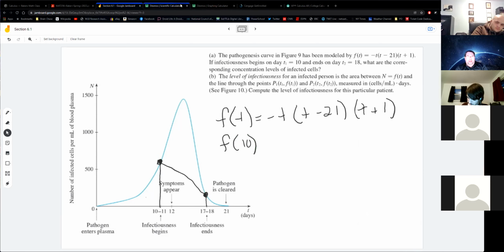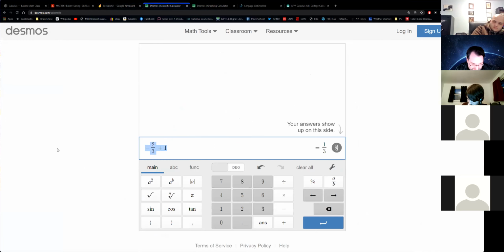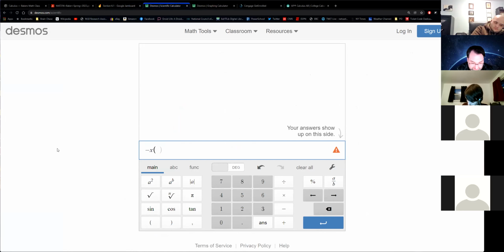And here's another great use of Desmos. So we can plug in. You can type your equation in and then put the variable. So x equals 10. And it'll solve the other equation for you.